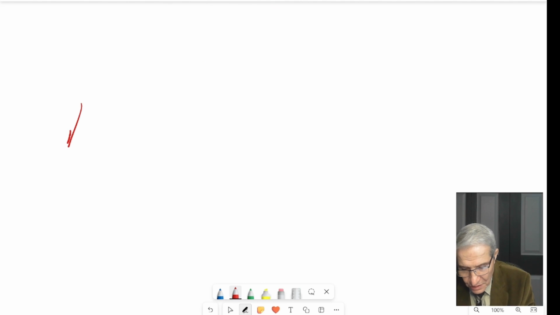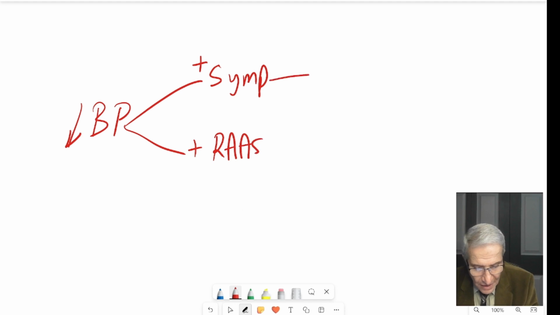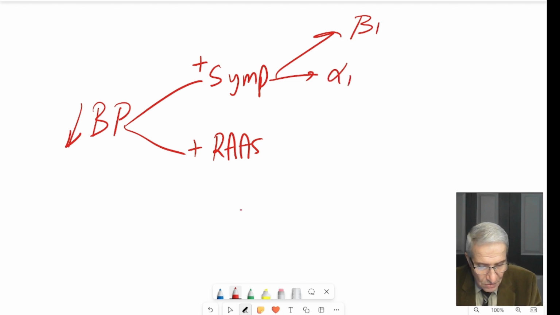Decreasing blood pressure will activate two systems: the sympathetic system and the renin, angiotensin, aldosterone system. Activating the sympathetic system will stimulate beta 1 and alpha 1.